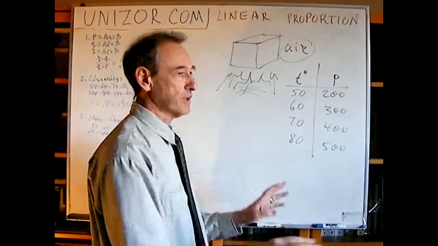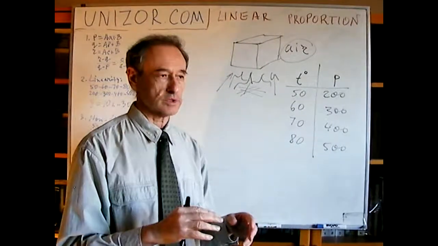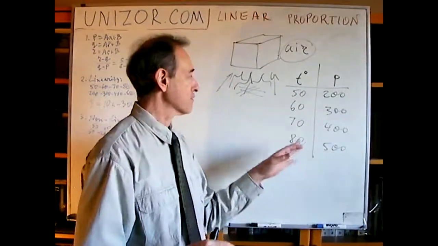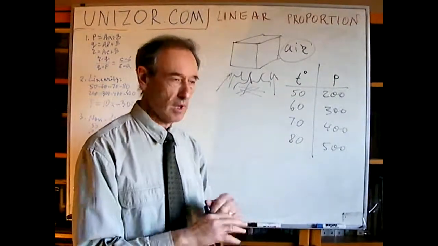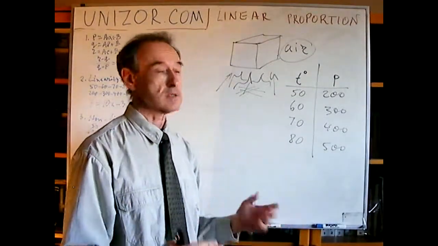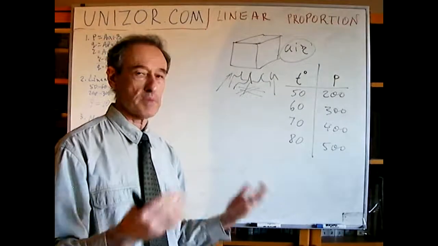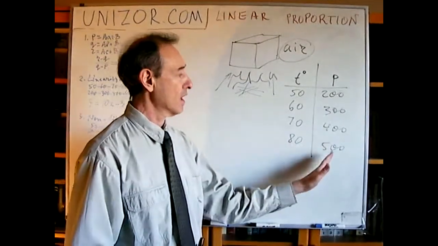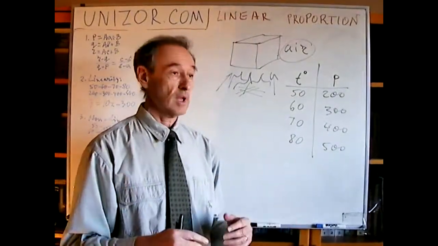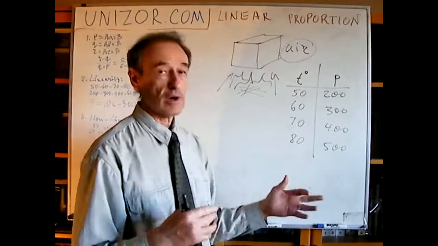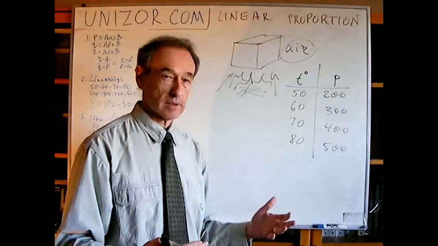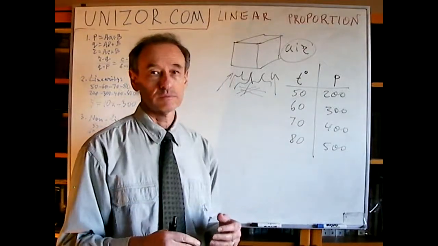So let's just completely disregard what kind of units of measurements, whether it's Celsius or Fahrenheit or Kelvin, doesn't really matter. We're dealing with plain numbers. In some unit of measurements, these are temperature and these are pressure. Now, my question is, is pressure linearly dependent on the temperature?